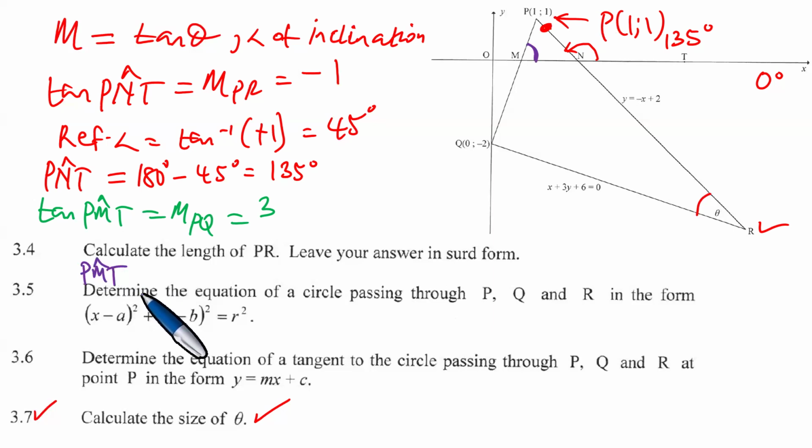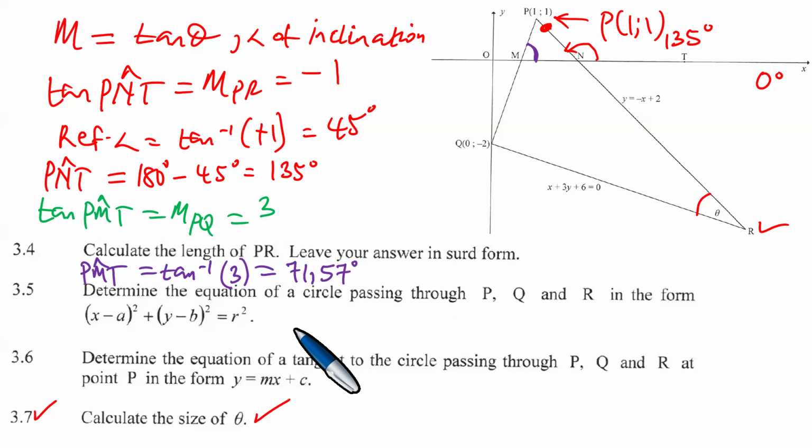Now to find the angle PMT, because it's positive, there's no need to find a reference angle. So you find arctan 3 using a calculator. You have 71,57 degrees.